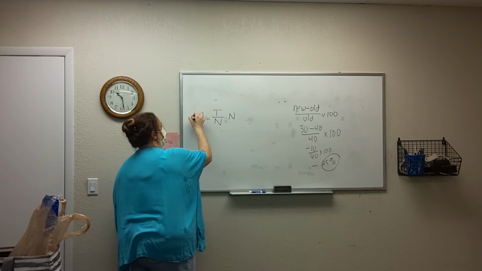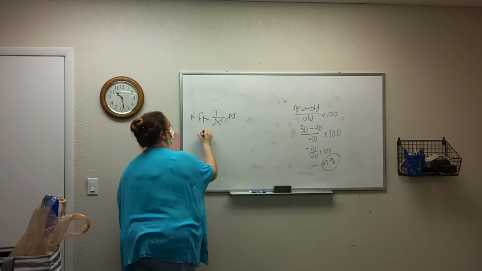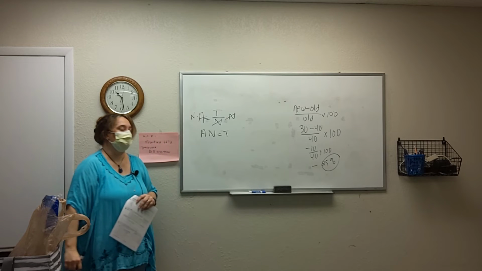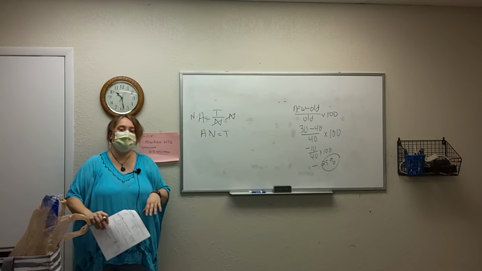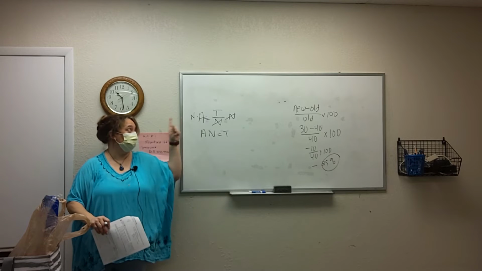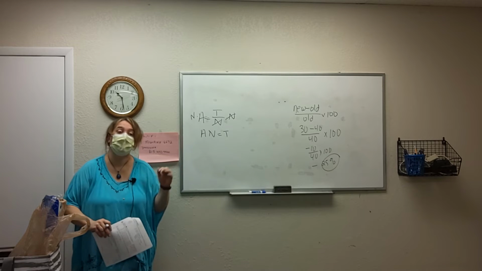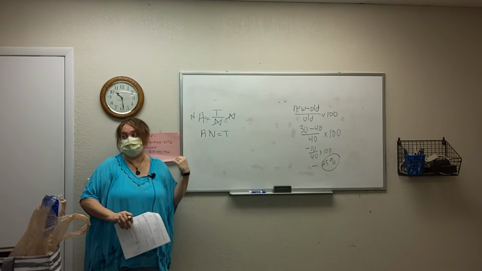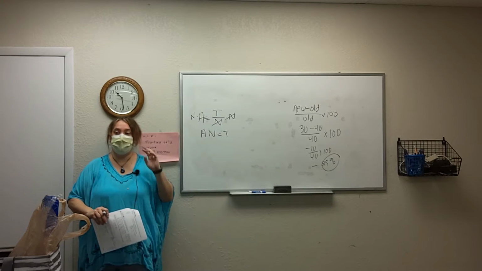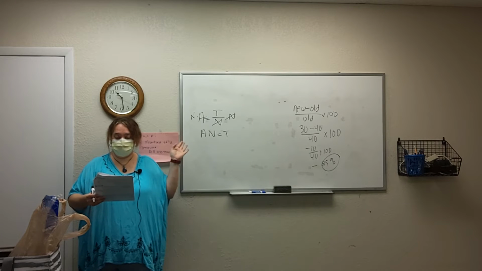We're going to multiply both sides by n to make our n's cancel out. And I'm going to wind up with a times n equals t. Average times number equals total. When we get to the funky average problems, this is going to be much more helpful to me than my original one. Okay? But I wanted to show you where it came from, so you don't think that I'm just pulling formulas out of thin air. All right, so that's going to be helpful later.